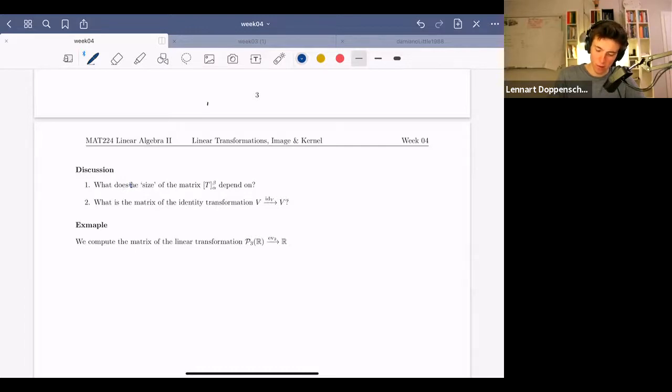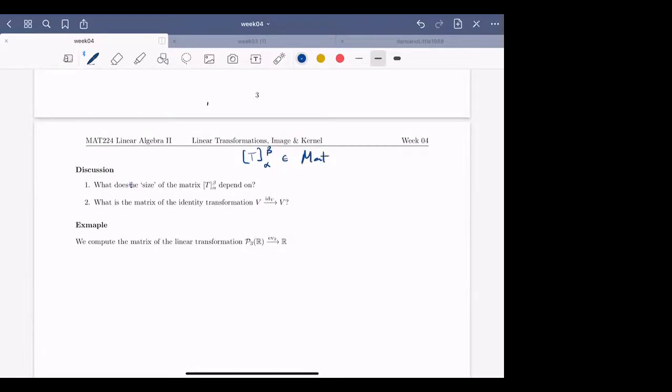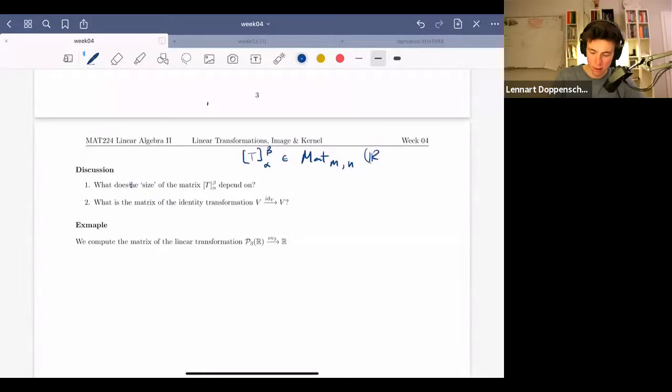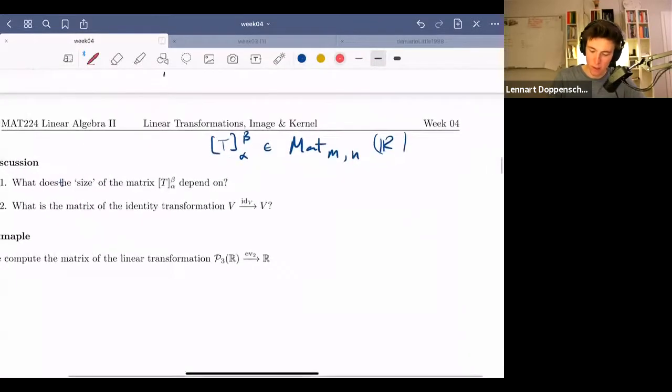So T alpha beta should be in MAT m comma n. Remember that the first one is the number of rows, so it always goes down first. And then the second one is the number of columns, from left to right.